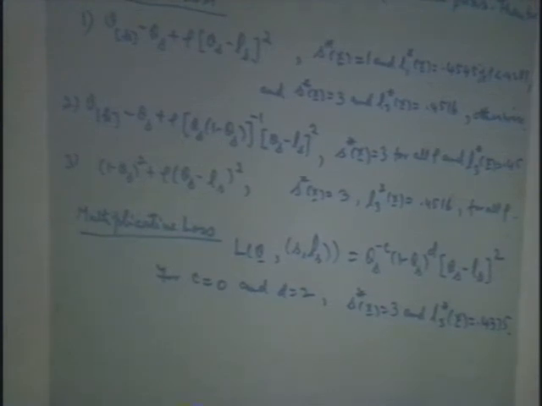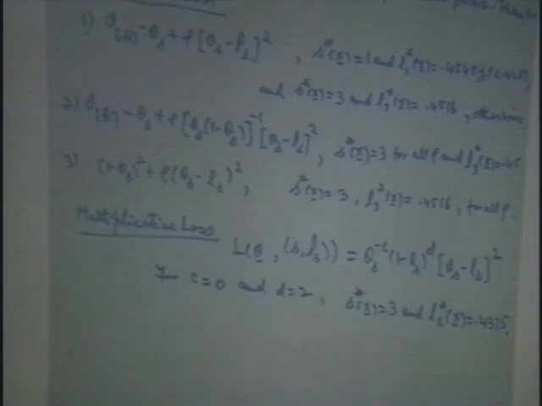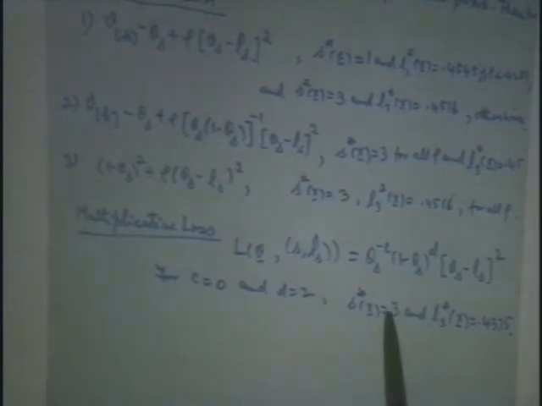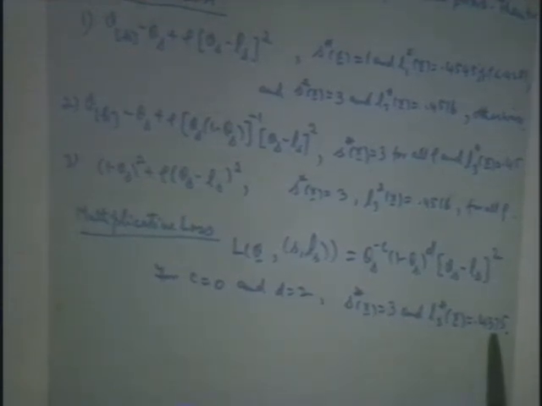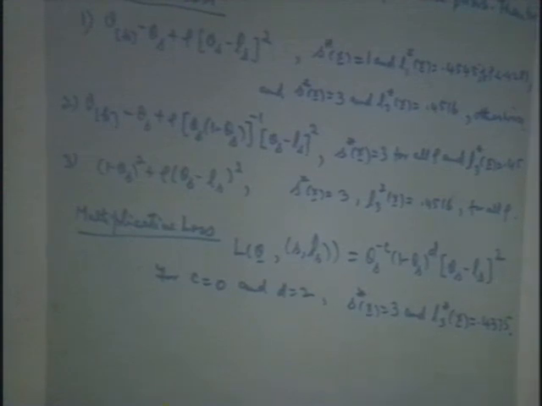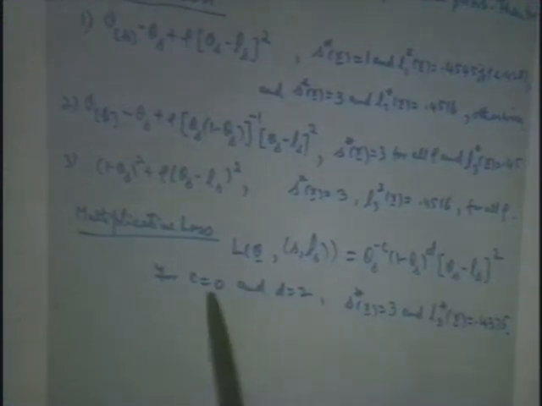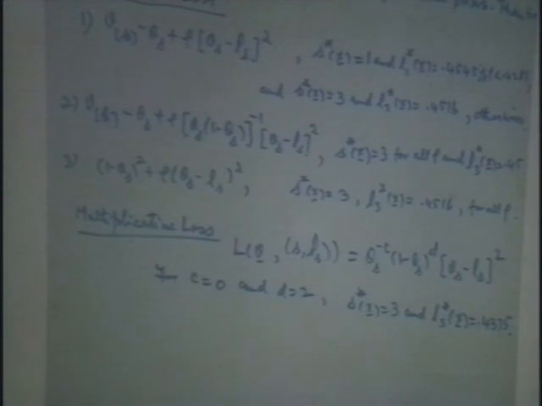For the multiplicative loss of this kind here, and choosing these two quantities, we didn't do this example very thoroughly, just to give you a simple illustration here. Population 3 is chosen, and the estimator now is 0.4375. There is no rho here, c and d are already specified.